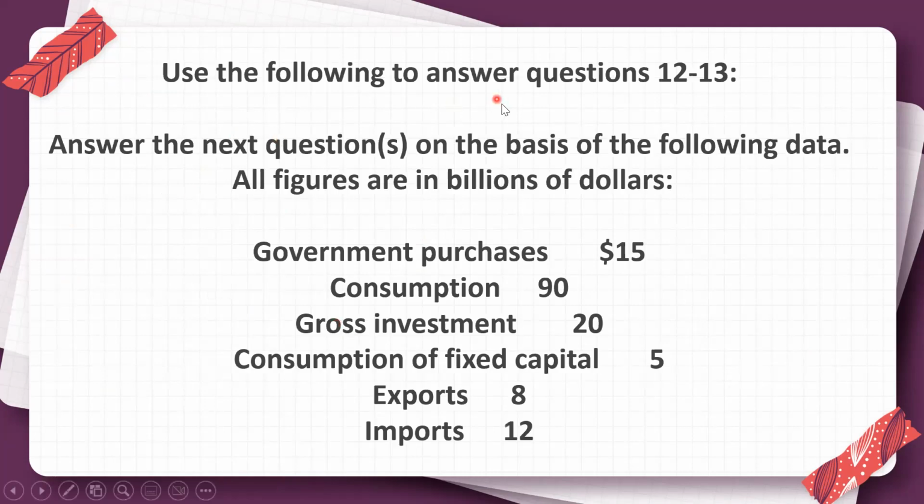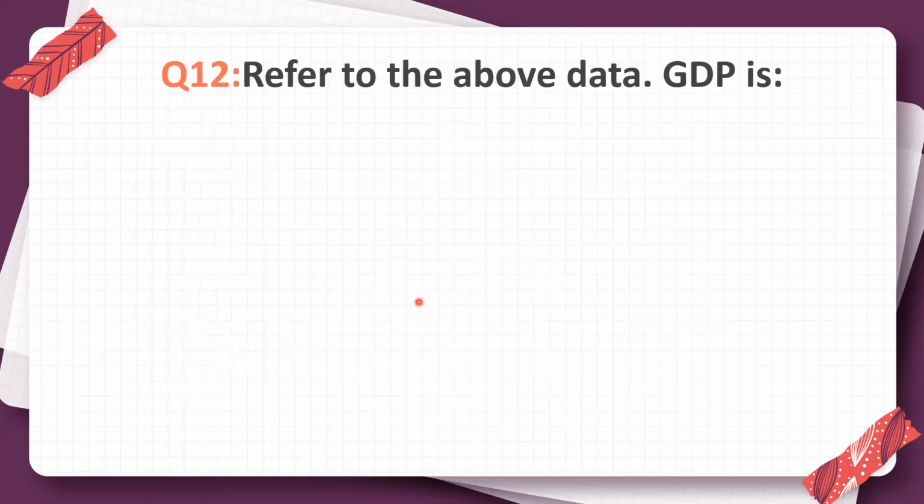Use the following to answer questions 12 to 13. Here we have data about government purchase, consumption, gross investment, consumption of fixed capital, exports, and imports. Using these data, we can obtain a lot of things, but here we want to calculate the GDP, the gross domestic product.